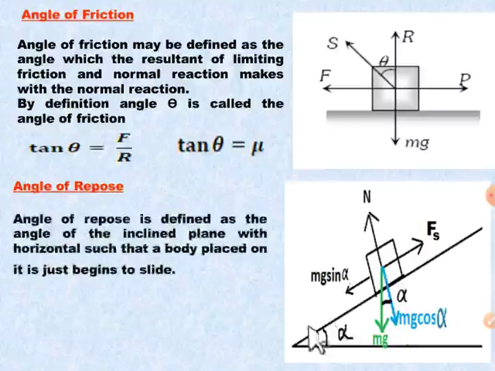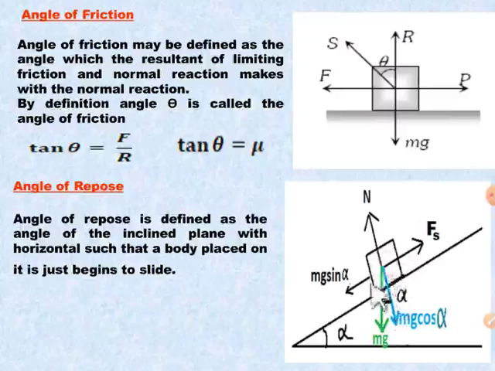Now, there are forces acting on the block of mass placed on it. Take alpha as the angle of repose, and the weight of the body placed on that inclined plane acts vertically downward. This angle alpha and that angle alpha will be the same, right? Let's find the forces acting on this block.